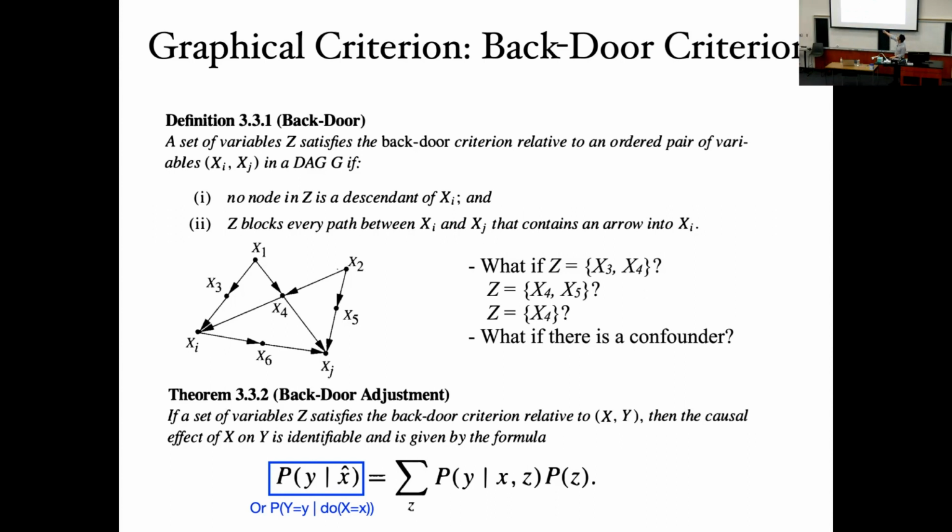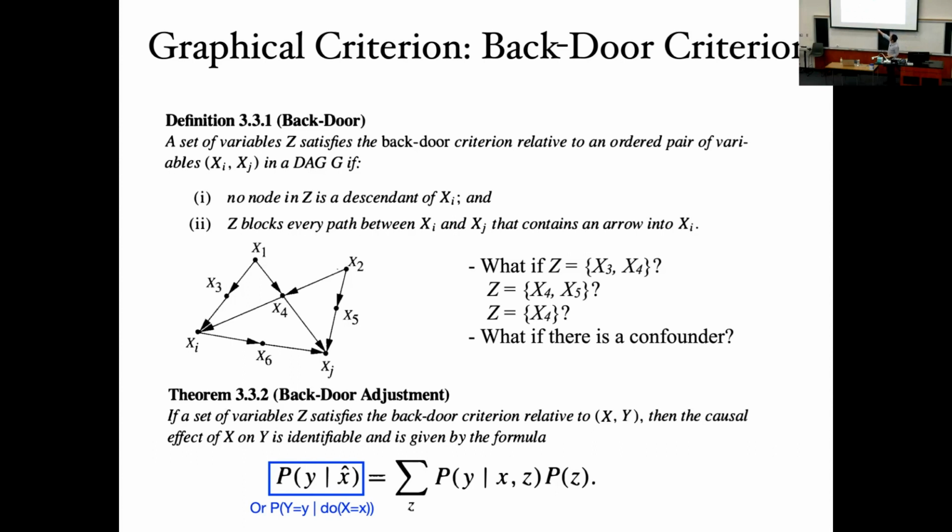First of all, neither of them is a descendant of xi, so the first condition holds true. The second condition says that x3 and x4 must block each of those paths between xi and xj with an arrow into xi. Do you think that condition holds true?